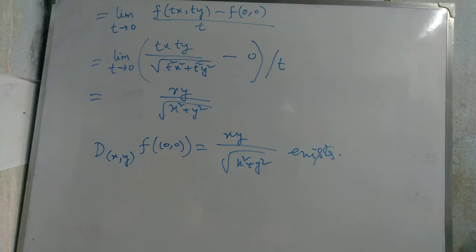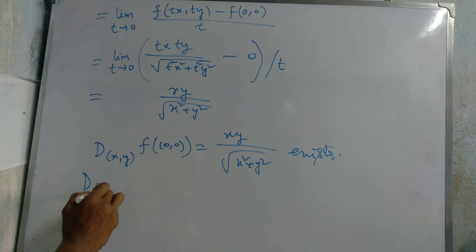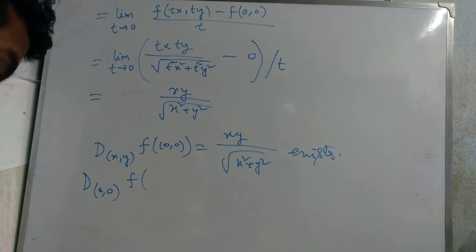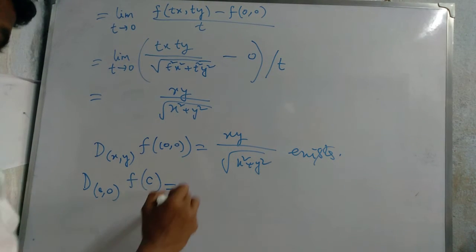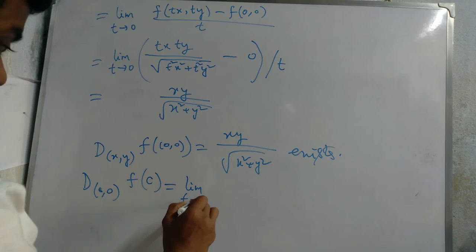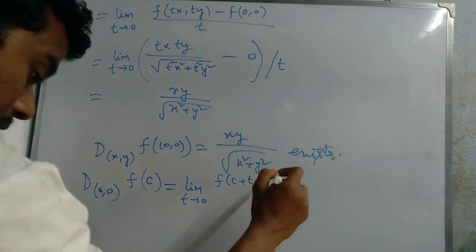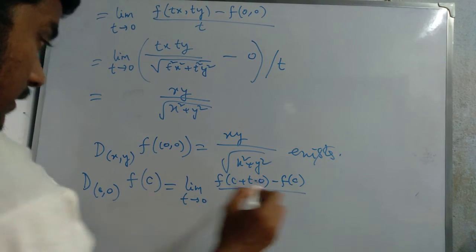Okay, now we talk about if in the (0, 0) direction, then what happened. If we talk about a point c, then the limit as t tends to 0 of f(c + t·0) minus f(c), divided by t.